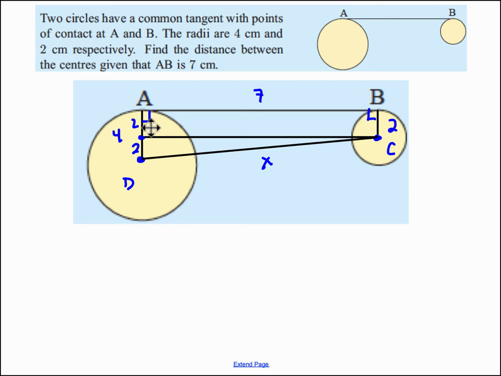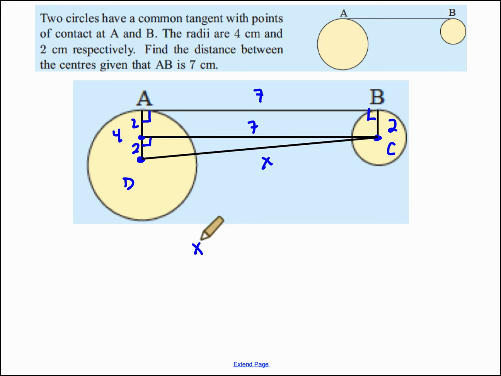It's going to bisect this. And I also know that this is of length 7, and I also know that this is a right triangle. So holy smokes, look what we just did there by just drawing an auxiliary line, a line that really wasn't part of the question until we made it, which is totally okay as long as we can justify the length, which we can, and the fact that it's going to be parallel. We drew it that way, and it's perpendicular.